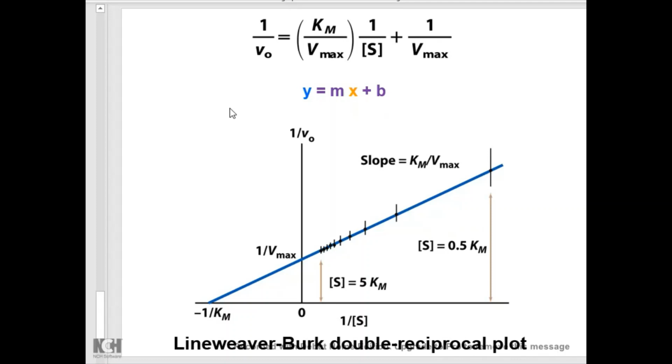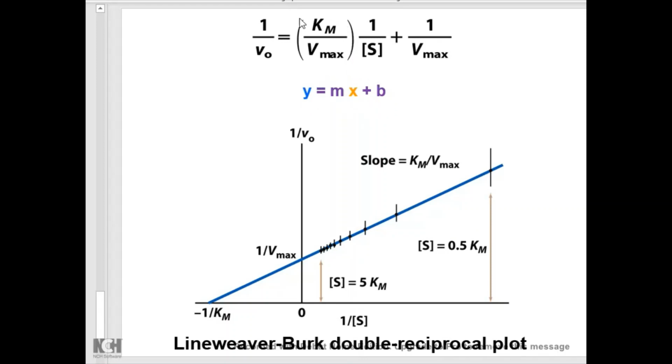Here on the slide you see the equation for the double reciprocal plot, in which inverse initial velocity depends on the inverse concentration of the substrate. So our inverse substrate concentration is x in the linear equation, and our inverse initial velocity is y in this equation, right?